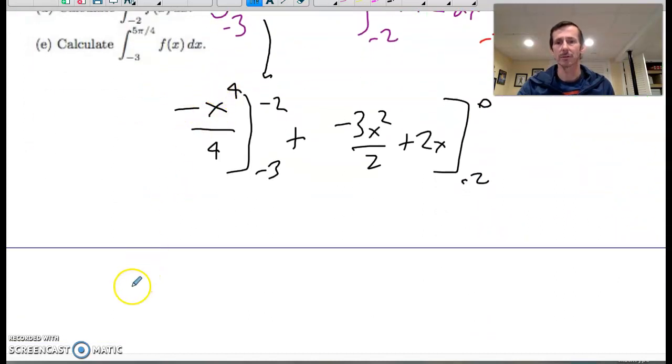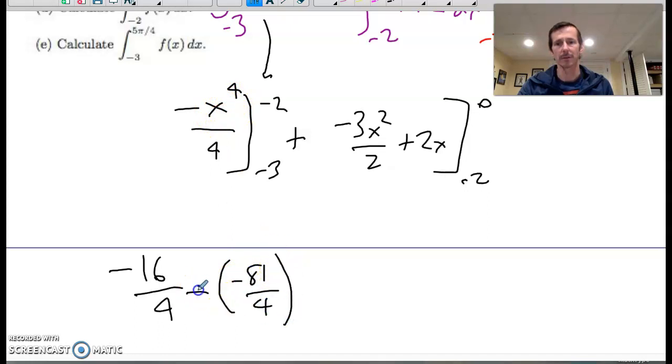If I put -2 in this, I'm going to get -2 to the 4th is 16, so I get -16 over 4. This 4 power makes that actually become a positive, but there's still a negative on front. Minus, if I put a -3 in here, -3 to the 4th is 81, so I'm going to have -81 fourths. And before I even move on, I'm just going to change that to a positive. Plus, that's just that plus sign brought down.